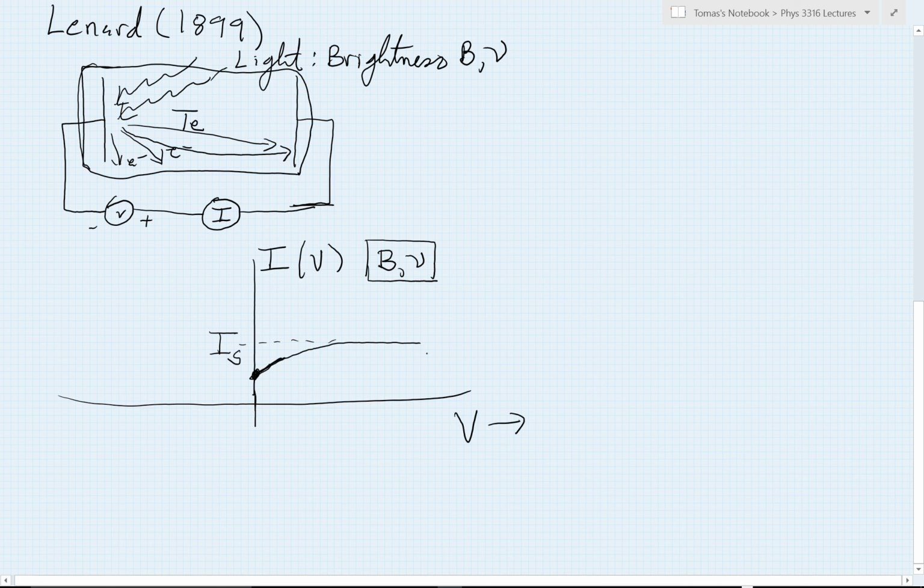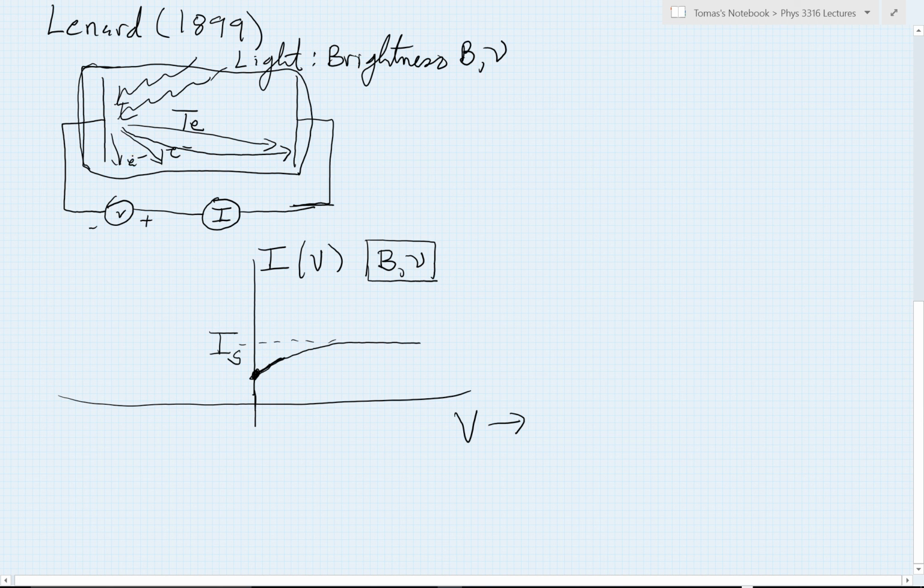Now, what's interesting about this is that the shape of this curve and how it approaches that saturation current gives me all kinds of information, for example, about the direction and kinetic energies of these electrons. Because the reason why I start to pick up more and more here is that I can bend more and more of them off of their trajectories and pull them into that anode. So there's all kinds of information here about the distribution of angles and energies of my electrons.